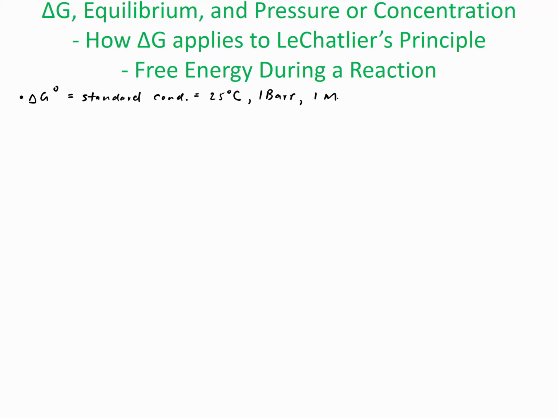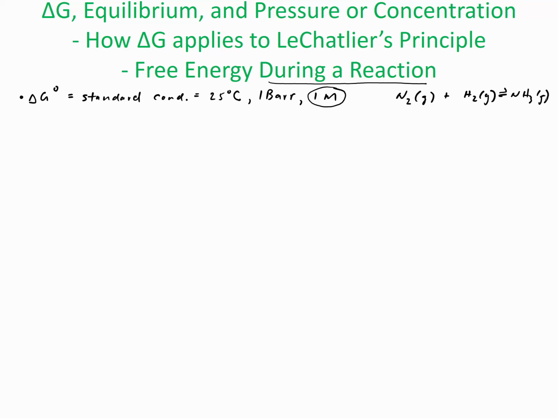As we know, during a chemical reaction the amounts are constantly changing. Let's say we have the production of ammonia from nitrogen and hydrogen.